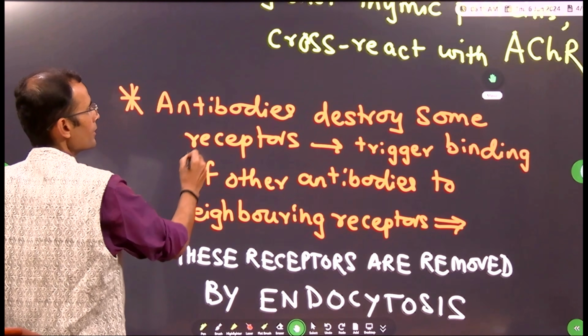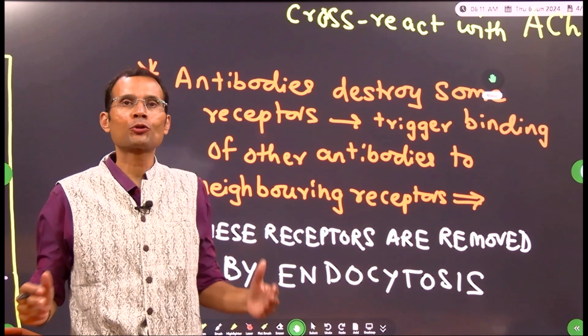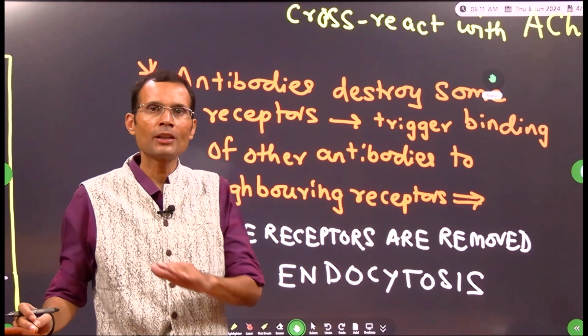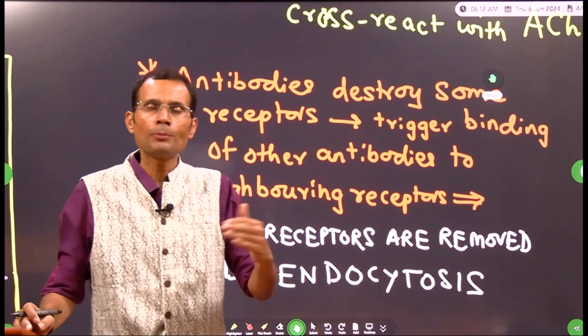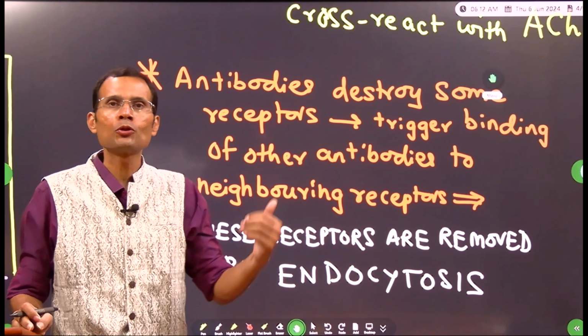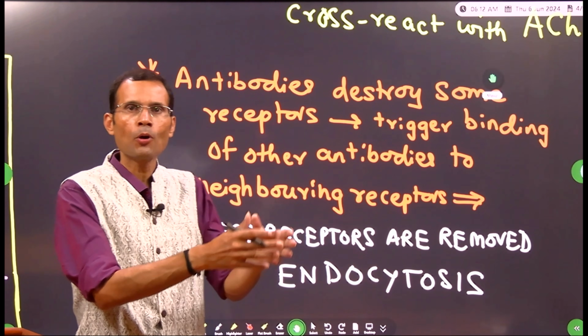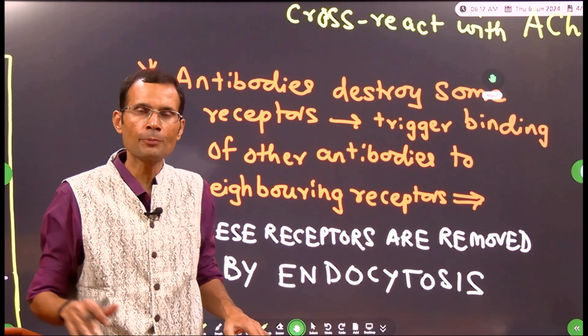What actually happens? Antibodies will bind and destroy some of the receptors. So that receptor population is gone. And they also trigger some other antibodies to bind with the neighboring receptors, and that antibody receptor complex is then quickly endocytosed and destroyed.